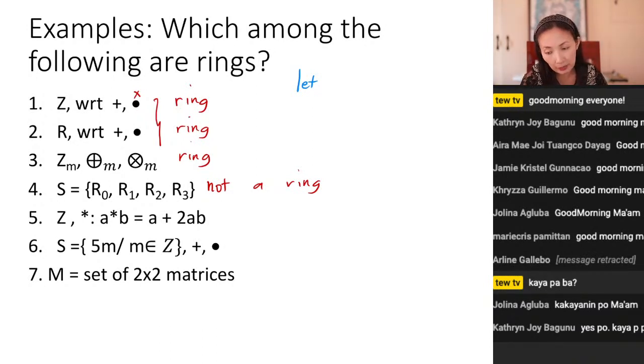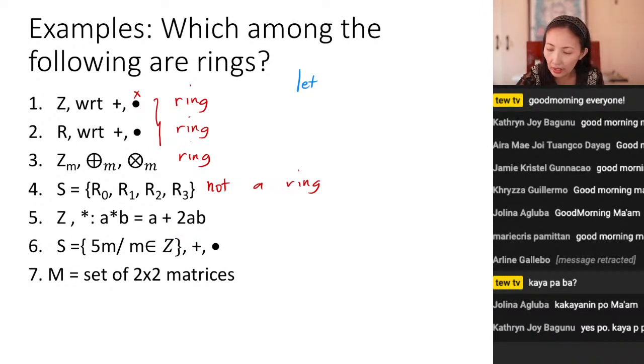In like manner, number 5, Z and the operation star. Isa lang ang operation na given, operation star lang. The definition of star is A star B is equal to the first number plus twice the product of the first number and the second number. What do we mean by this A star B?